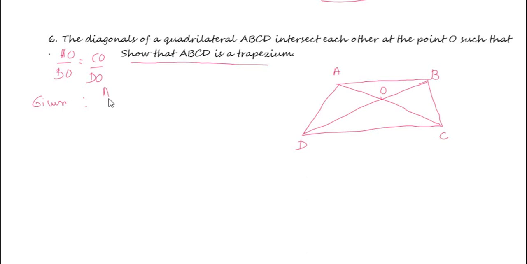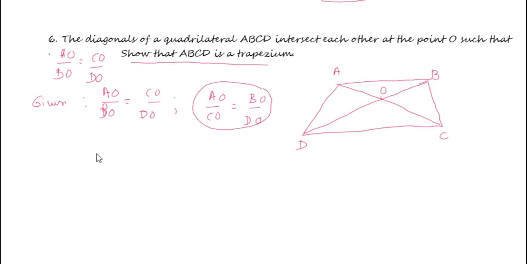Given is AO by BO equal to CO by DO. Now let us rearrange this and represent as AO by CO equal to BO by DO. So this is what we got.